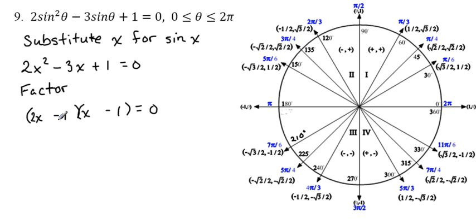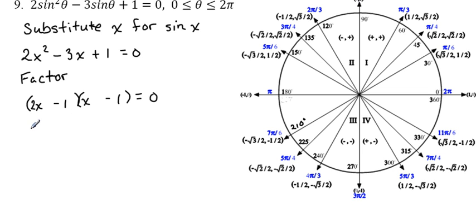Next thing we'll do is set both factors equal to 0. So let's write 2x minus 1 equals 0. And we will also write x minus 1 equals 0. Let's solve both of these. So we add 1 to both sides of the equations.